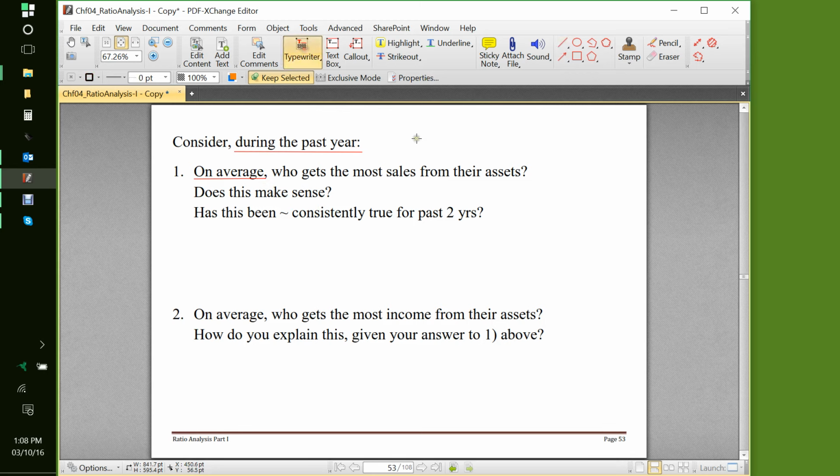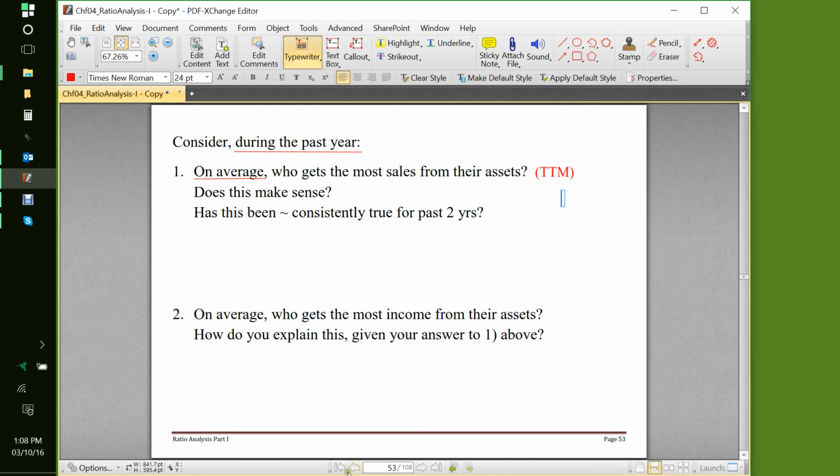So we're going to be looking at TTM for the first question here. And consistently true for the past 2 years, we're going to have to look at more than that.